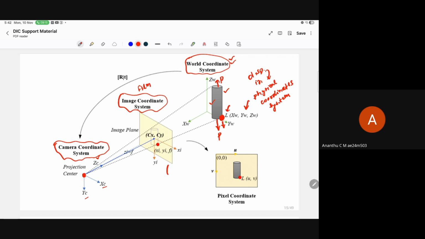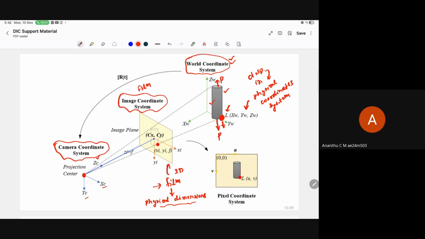This is the 2D film, and it would have physical dimensions. On this film, the light is getting collected, and that is how the image is forming. So this film has physical coordinates, right?